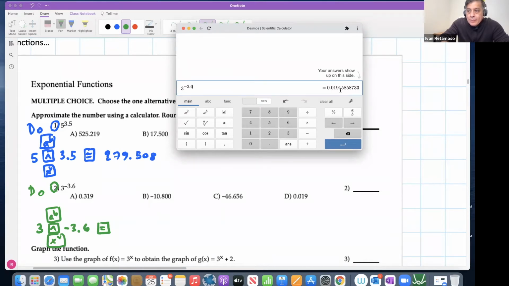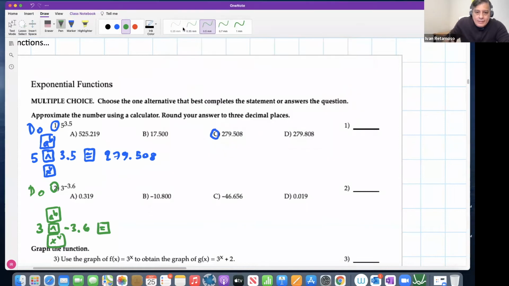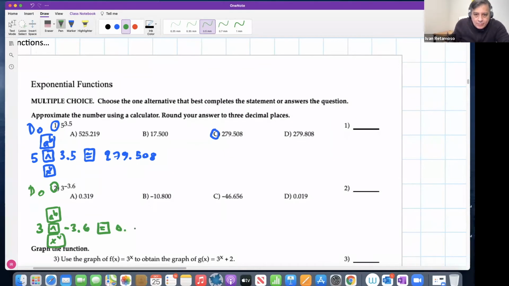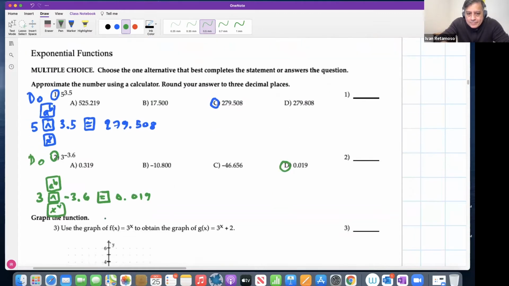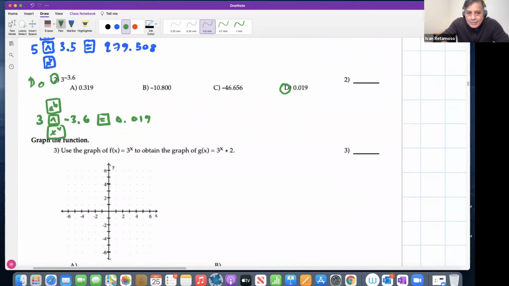Rounded to 3 decimal places, 0.019. Very good, guys. So this is just equal to 0.019. Excellent. A small number because the exponent was negative. We will talk about that next, when we graph this exponential function.